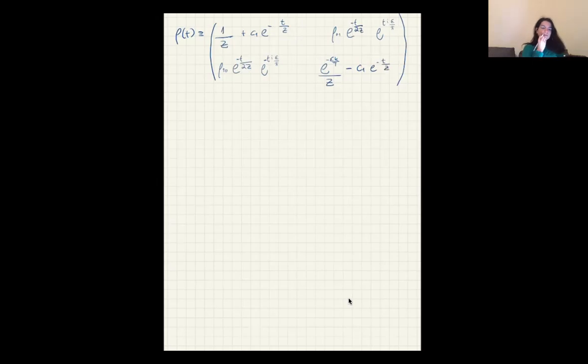By the way, this reminds us a bit of what happened in the very simple example that we saw last time. Remember these coefficients, that here you go with some factor over 2, and here you go with the factor without the over 2.